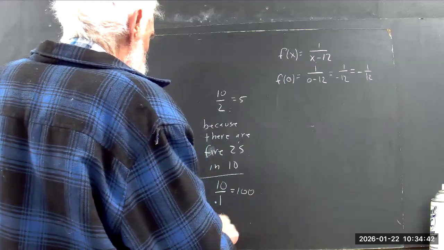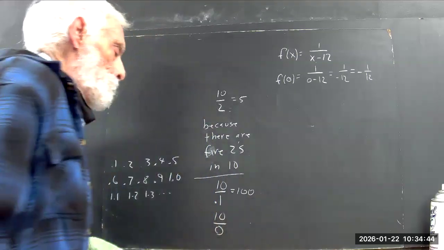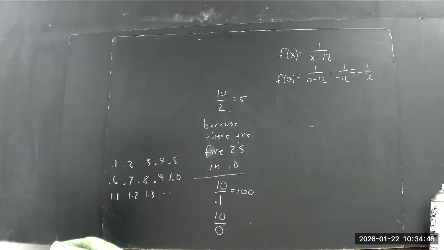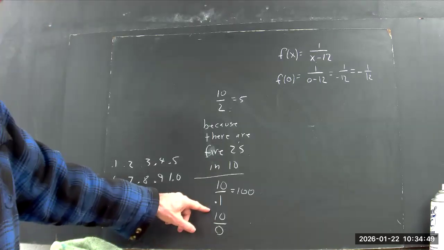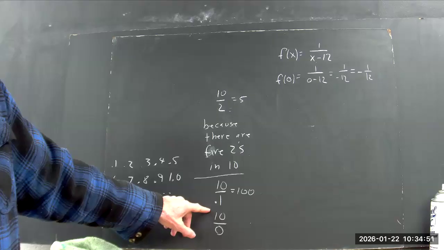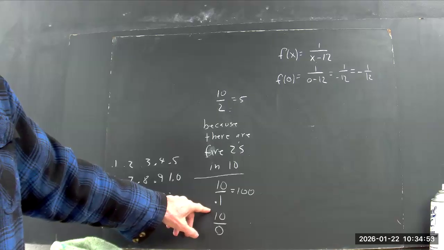Now, what if you did 10 divided by 0? How many zeros does it take to make 10? You can't do it.